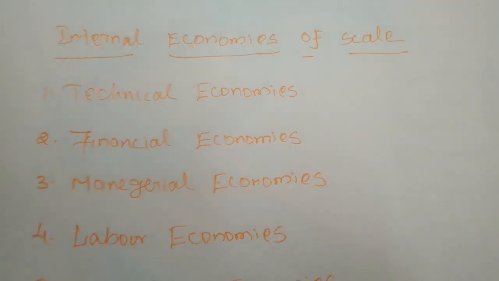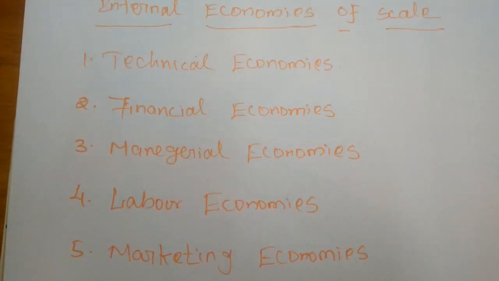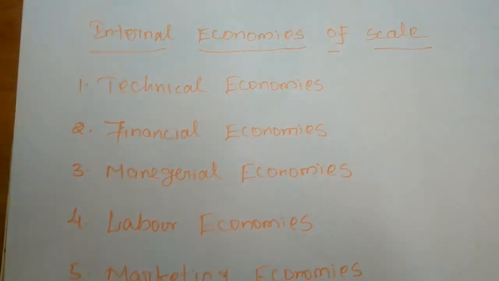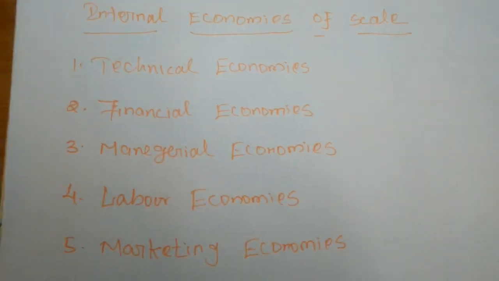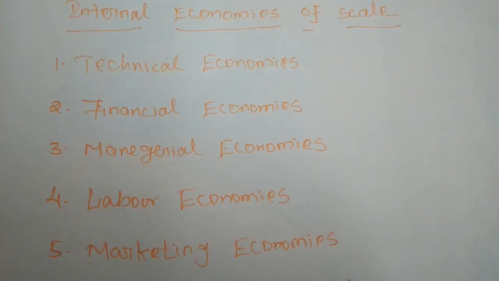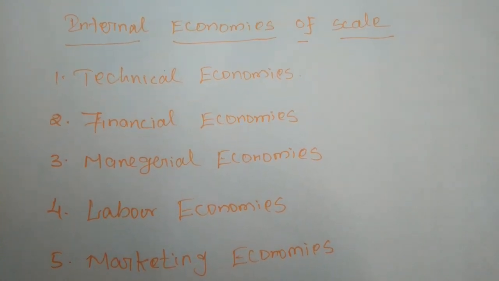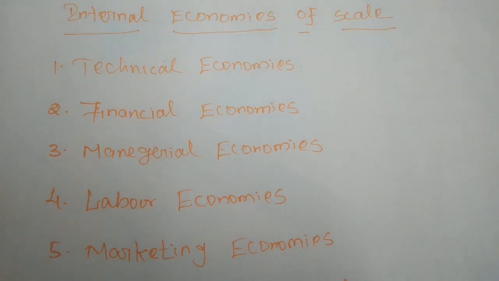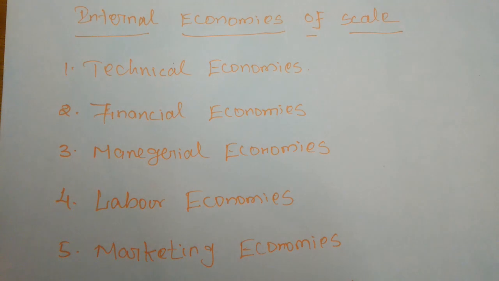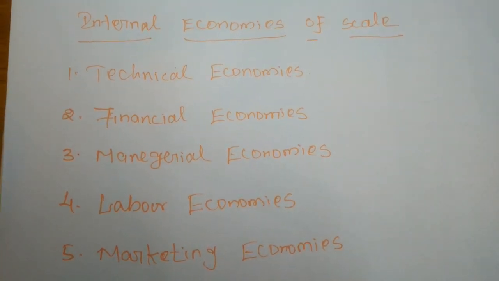The first one is technical economies. When the size of the firm is large, a large amount of capital can be used. When we are producing any commodity, we must use more capital, and if the producer has more capital, he can use more technology. So there is a possibility of introducing up-to-date technologies, which improves the productivity of the firm.